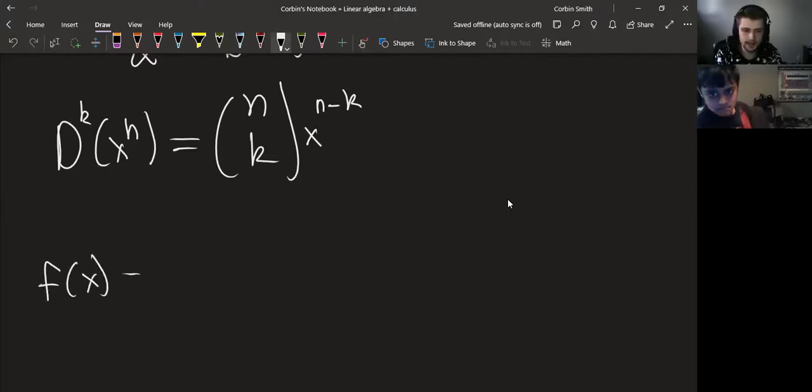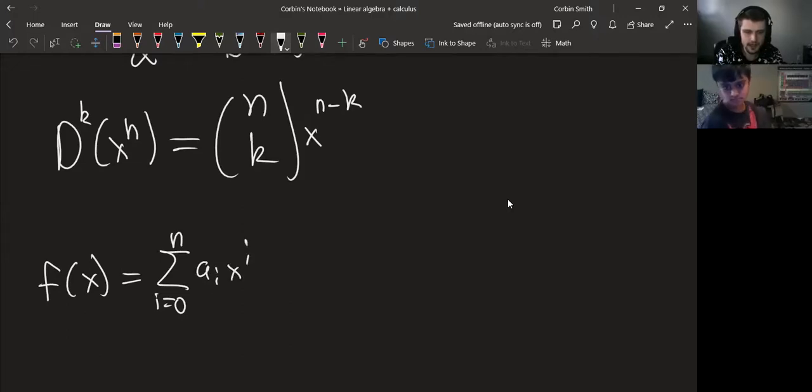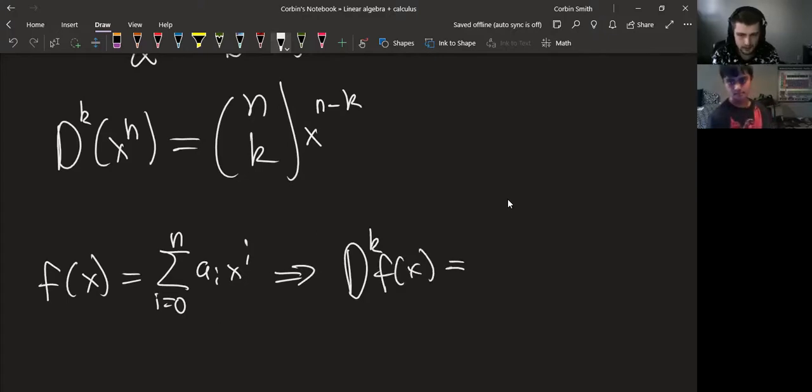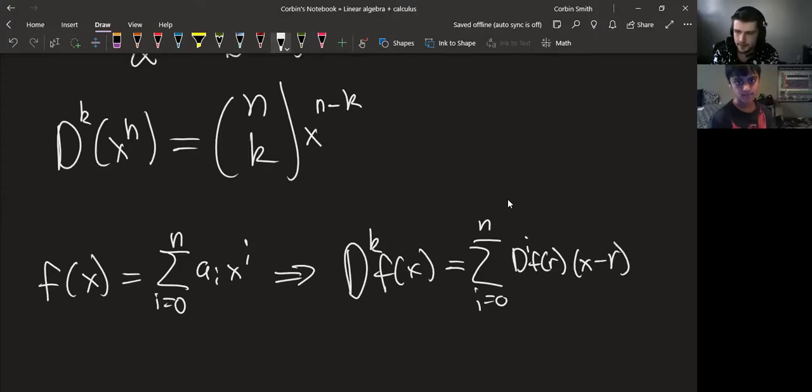If f of x is equal to the sum from i equals 0 to n of ai x to the i, then dk of f of x is equal to the sum from i equals 0 to n of di of f evaluated at r times x minus r to the ith power.